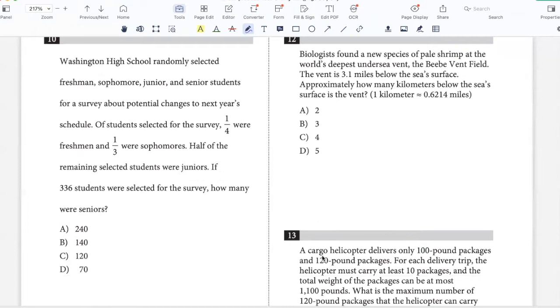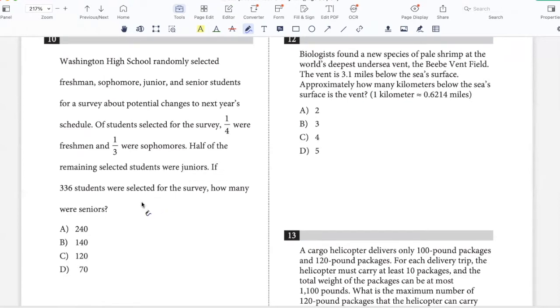Washington High School randomly selected freshmen, sophomore, junior, and senior students for a survey about potential changes to next year's schedule. Of students selected for the survey, one-fourth were freshmen, one-third were sophomores, and half of the remaining students were juniors. If 336 students were selected, how many were seniors?